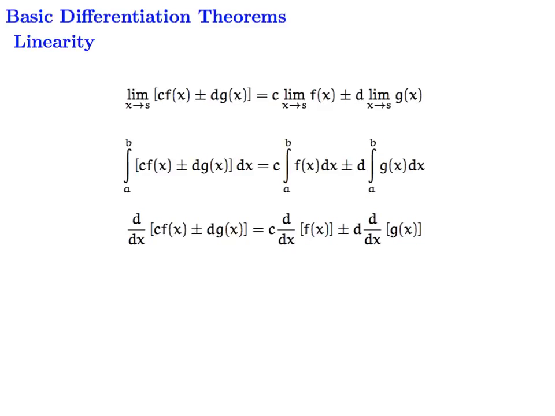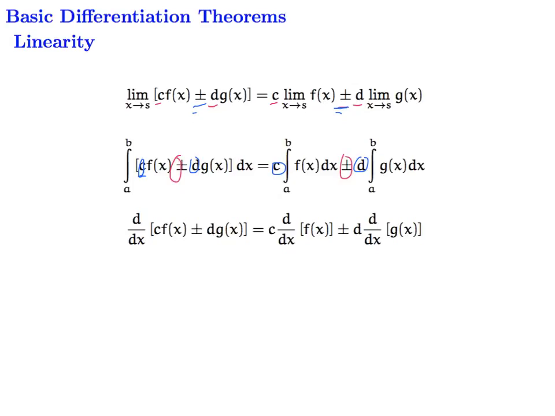So one last idea to get you thinking about later when we come back to derivatives is the idea that linearity has occurred all over. Remember that linearity, we gave this idea that if we have constants in front and we have sums and differences, we can break up limits by pulling the constants out front, and we can break it up into two separate limits. We had the same thing happen with integrals. We had these constants that can come out front of our integrals, and we can break up our sums and differences of integrals into two separate integrals.